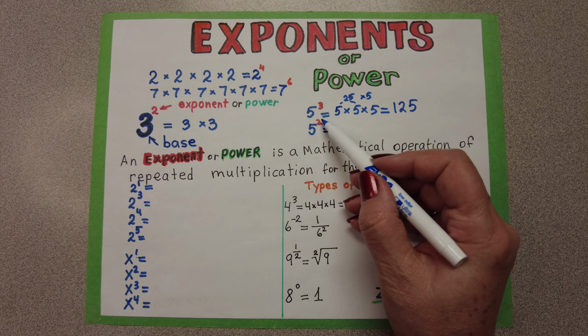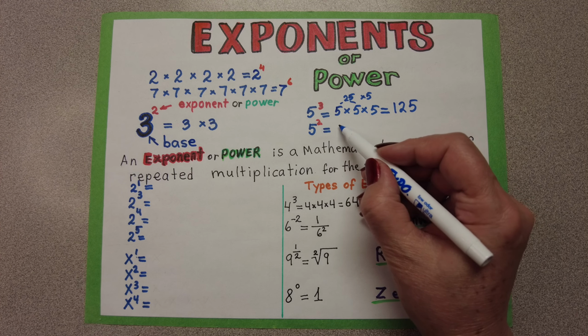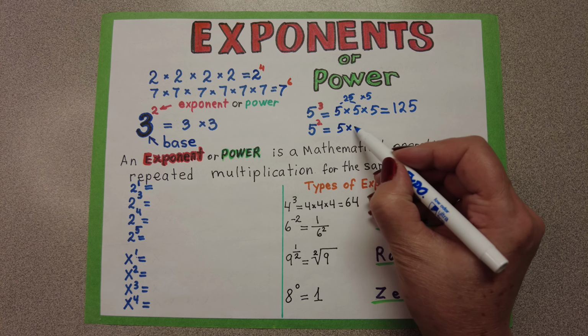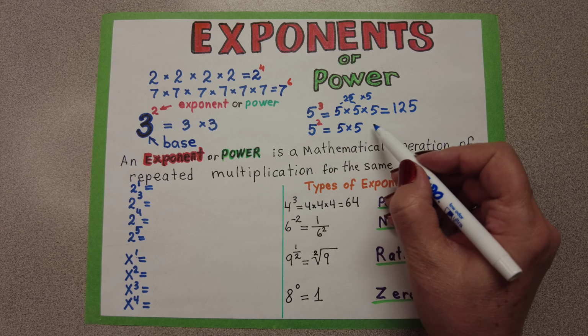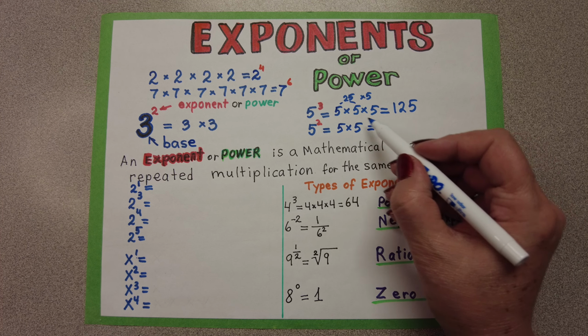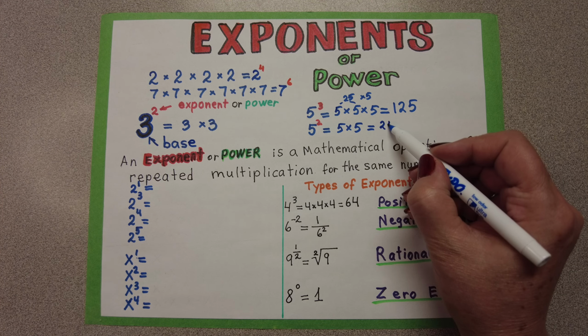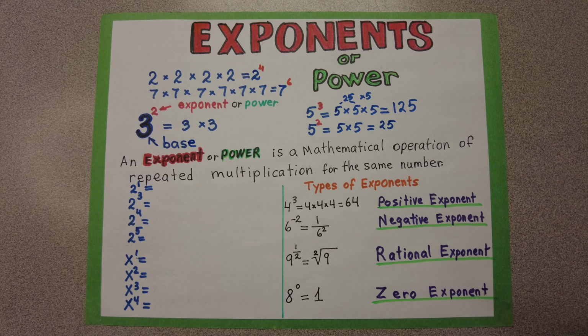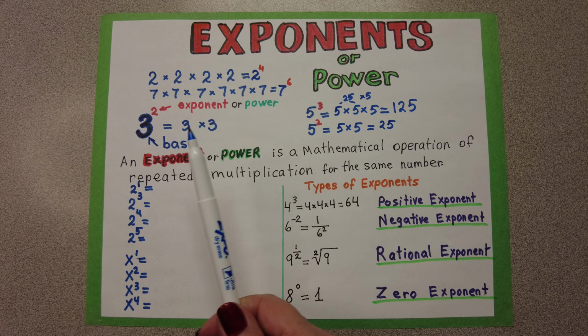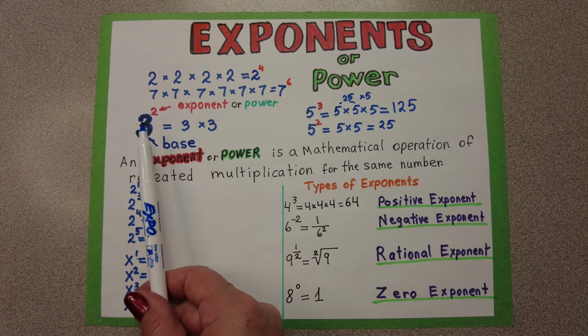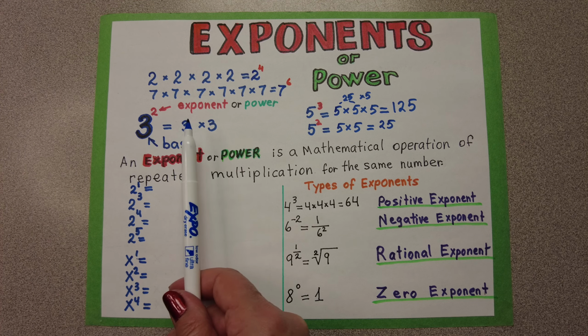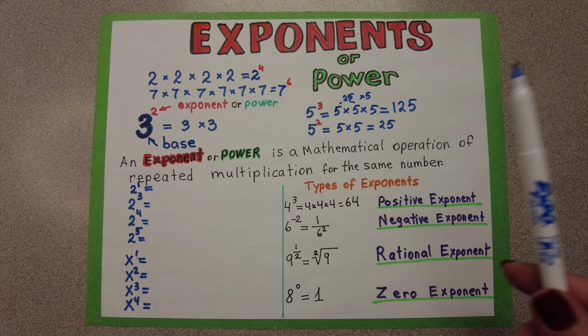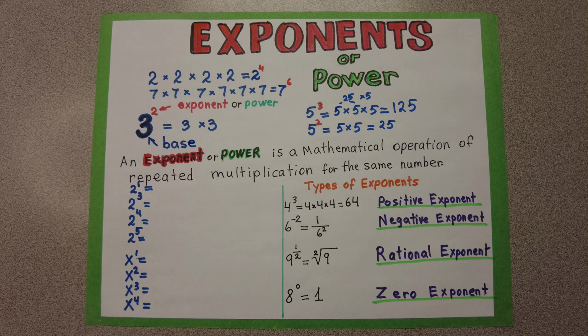What about 5 squared? That means 5 times 5, which is equal to, as we just did, 25. Hope you understand the way we write down the exponents of a number and do our repeated multiplication.